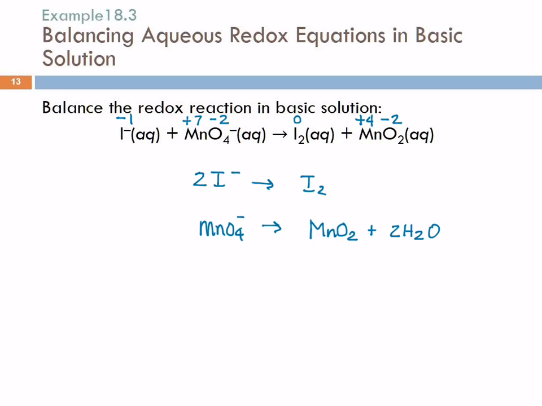Then I need to balance the hydrogen by adding H plus ions, just like we did before. So 4 hydrogens on this side means I need 4 hydrogen ions on the left side. So 4H plus.